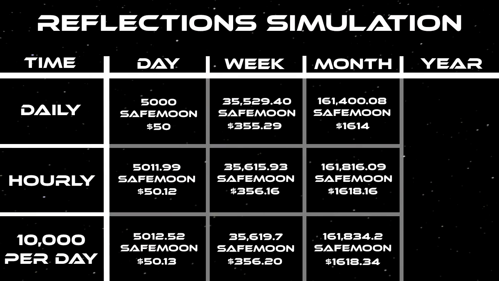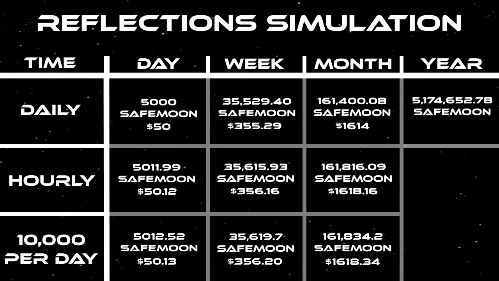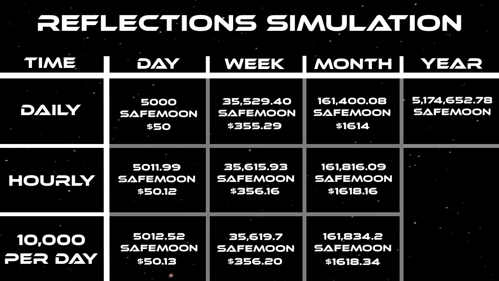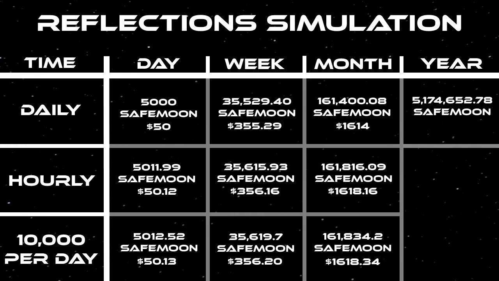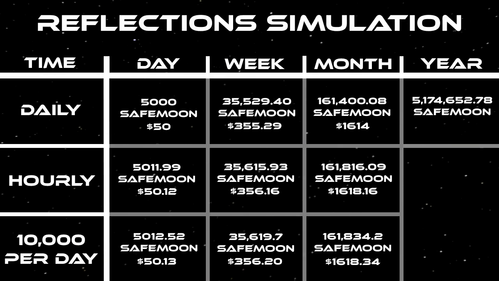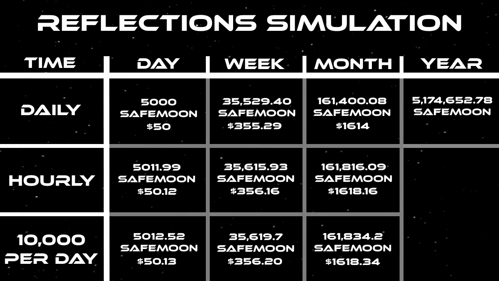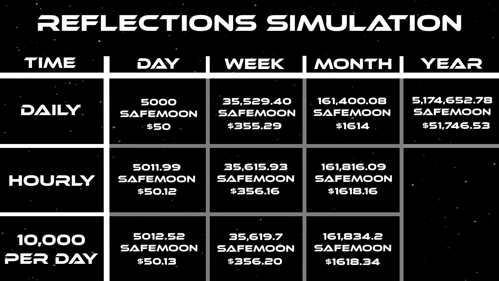Let's take a look at what these reflections would look like using our same example after an entire year. After that year, the daily volume wallet would have now received 5,174,652.78 tokens over the course of that year. This number does not include the original 1 million tokens the wallet started with, just the reflections the wallet has received. These reflections would be worth $51,746.53.